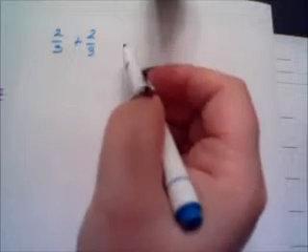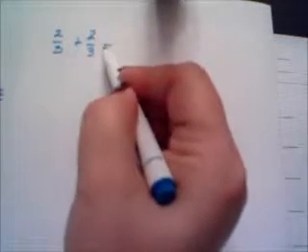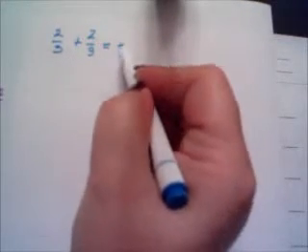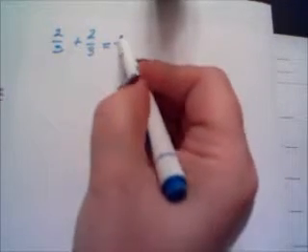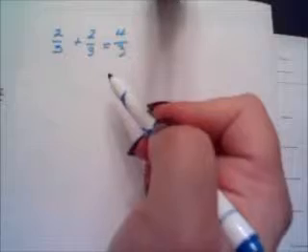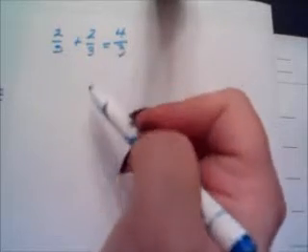All right, let's try a second one. What if I had 2/3 plus 2/3? Again, first we keep our denominator, which is 3, and we add our numerators. So 2 plus 2 is 4, correct? So we have 4/3.